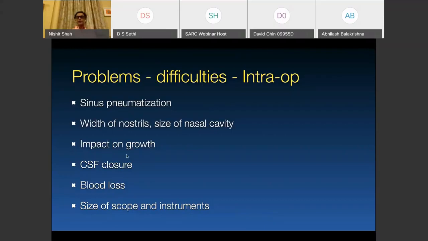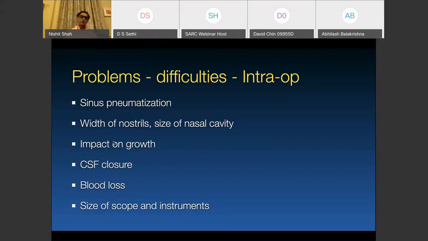Again, we tend to be quite radical when we're doing adults, especially with extended endoscopic surgery. This is different in children, and we must weigh morbidity and impact on growth as against trying to get a radical result.